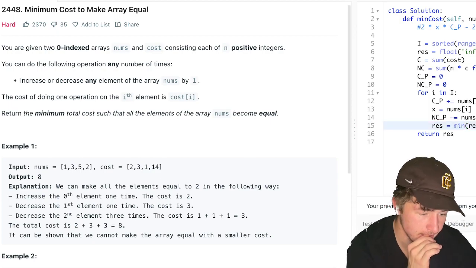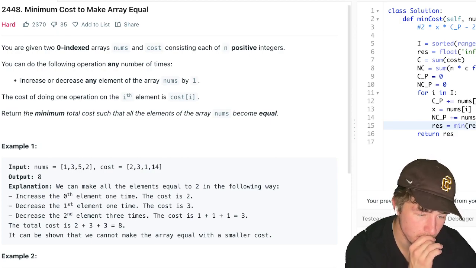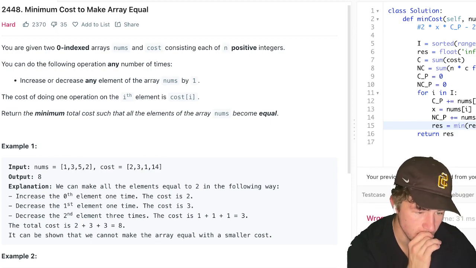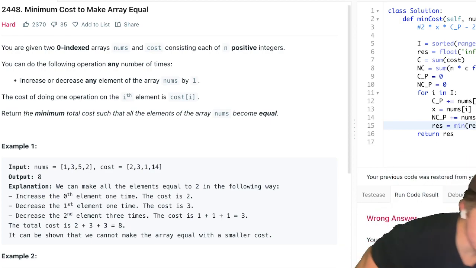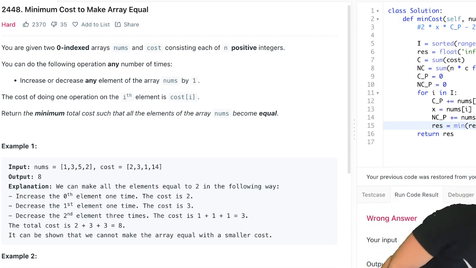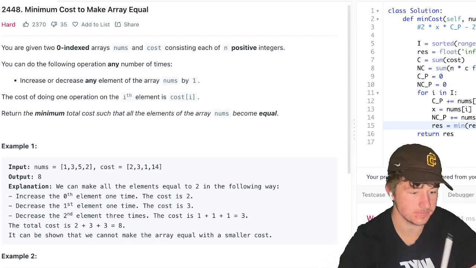And this is nums of I, not nums of index anymore. Oh, so my formula was right. There's just something else that I'm doing wrong here. What else could I be doing wrong?